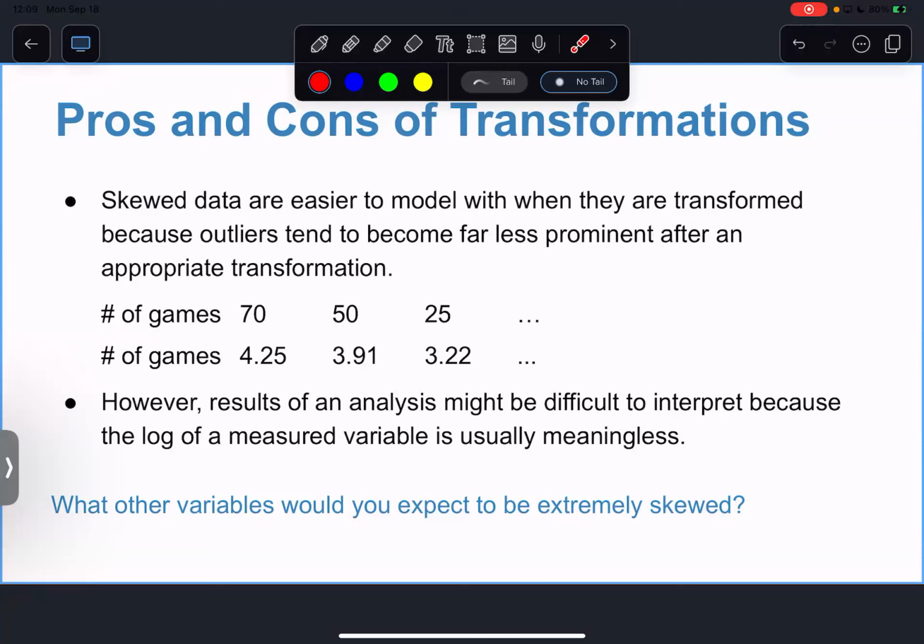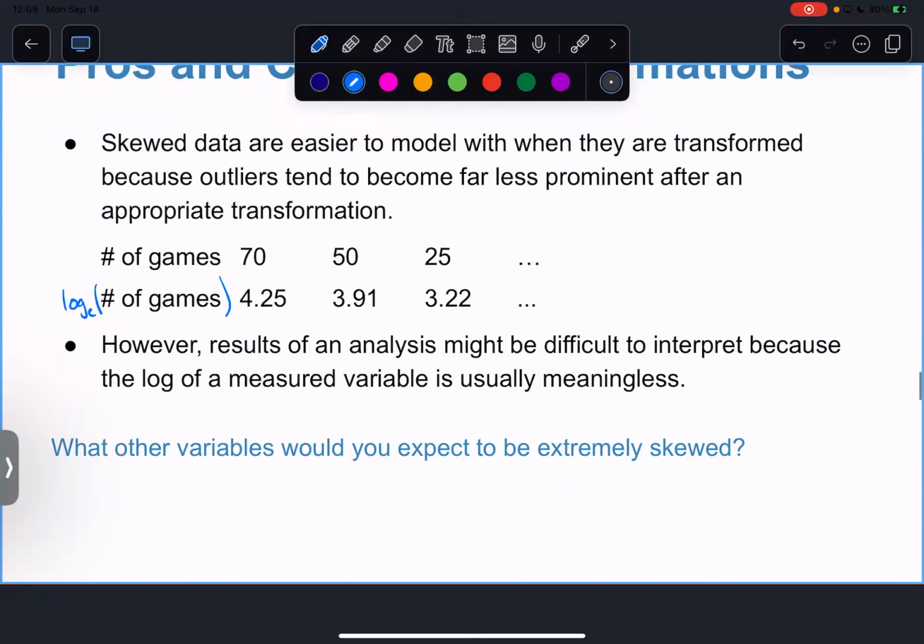We can see now the distribution. This actually should be the log base E of the games. It can't be number of games, that doesn't make sense. Little typo. But the results here might be difficult to interpret because talking about the log is pretty meaningless to most people.